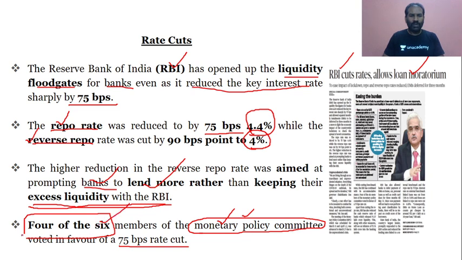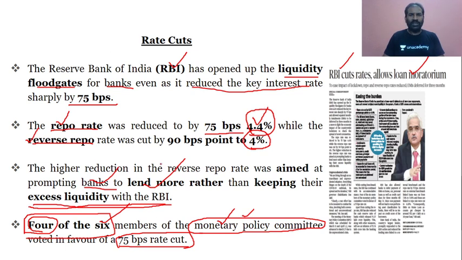Out of the 6 members, 4 have taken the decision to go ahead with a cut in the interest rate, that is, the repo rate. The repo rate has been cut by 75 basis points, and now the repo rate is at 4.4 percent.